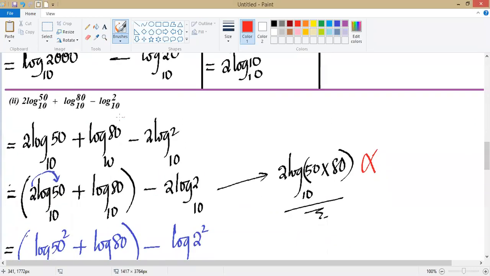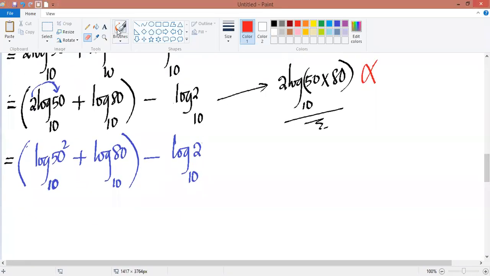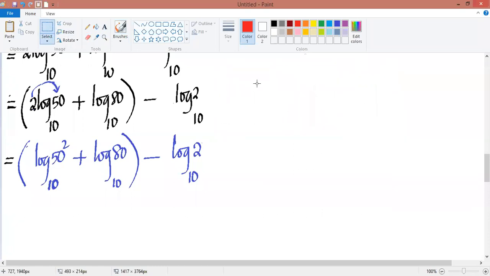Oh, it doesn't have a 2 at the start. You're right. Thank you for that correction. Otherwise, have we got the trick, all of us, ensuring the coefficients are the same? Yes, sir. So we can proceed.